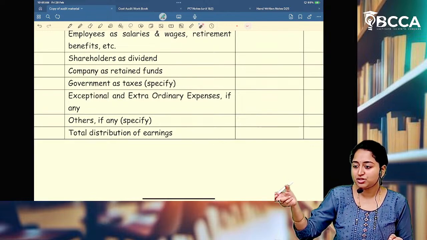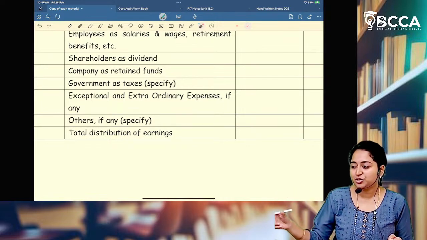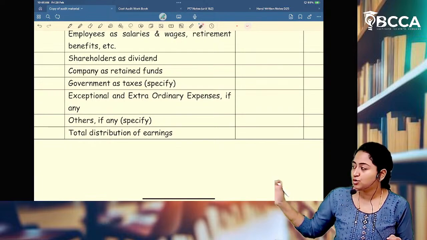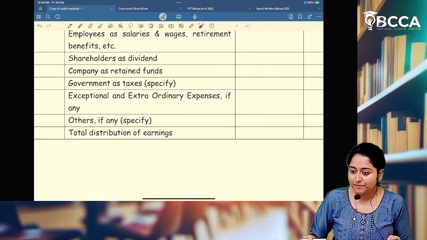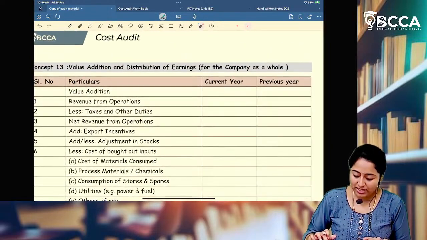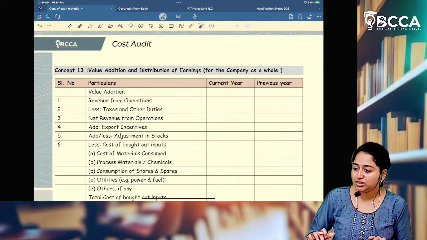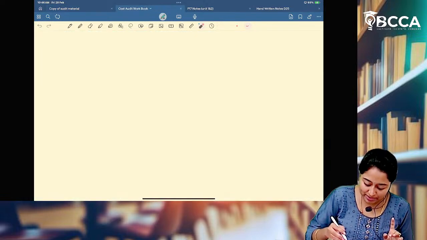Income from other sources, then you will get what? Earnings available for distribution, and then you will distribute that earnings to different claimants. Clear? So this is the entire statement of value addition. Clear with value addition statement? Okay, we'll go to the problem and you'll get the idea.